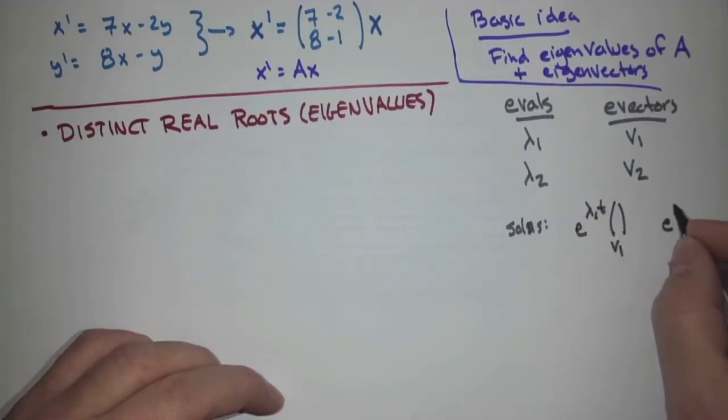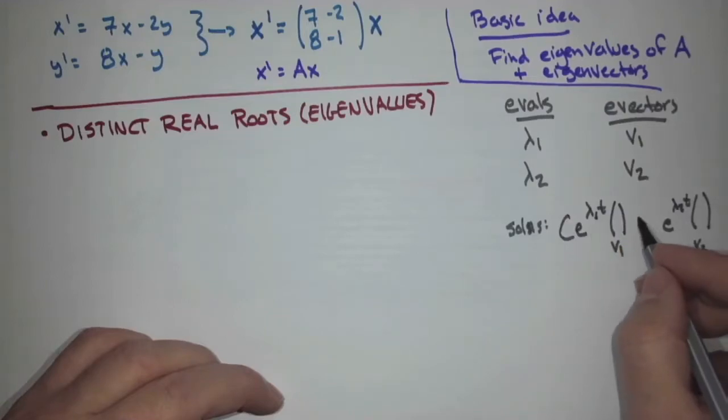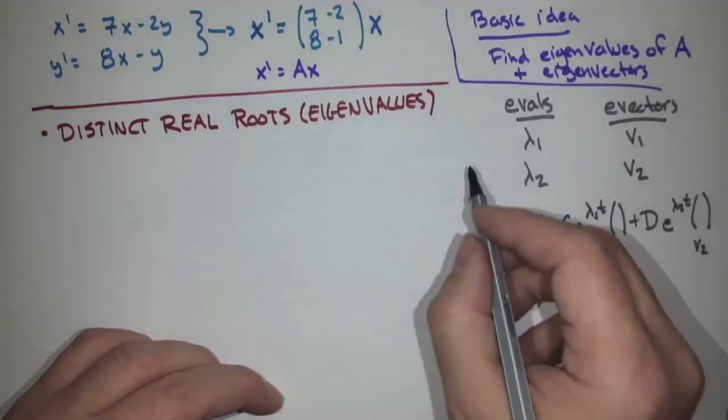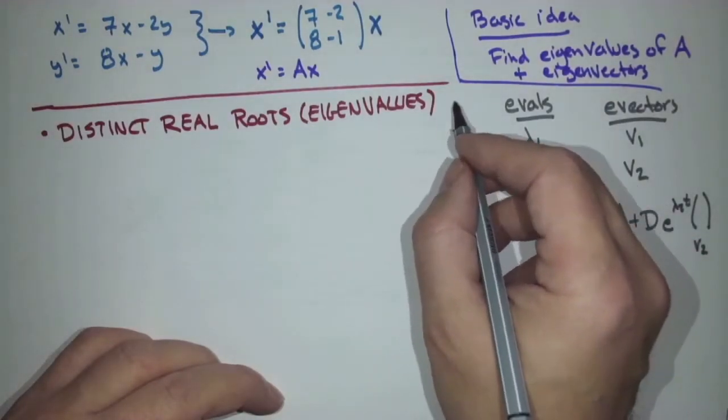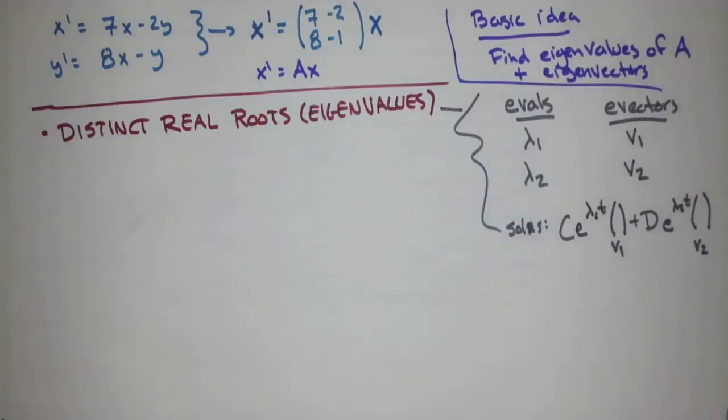That's one solution. And e to the other eigenvalue t times your other eigenvector v2. Throw in some constants, and there's your general solution. That's how you handle distinct real roots. No big surprises. Very straightforward.